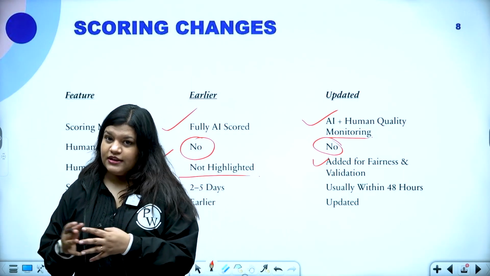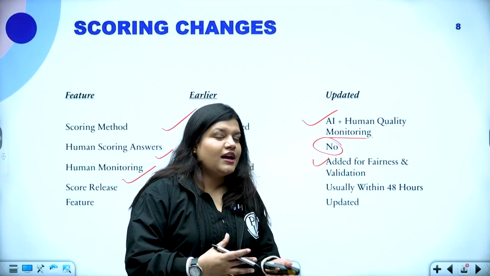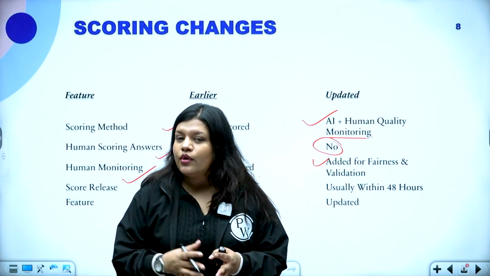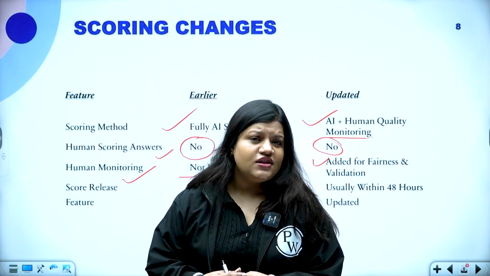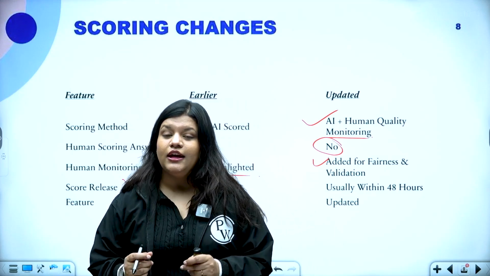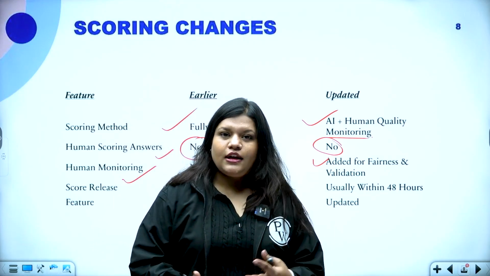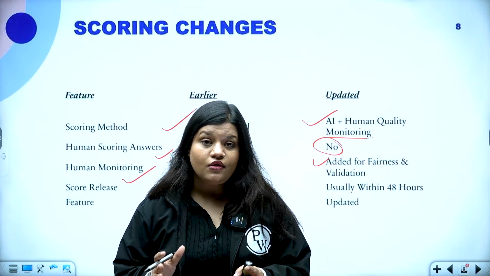AI and human quality monitoring, basically the intervention of humans in the scoring system of PTE, is just to maintain fairness, to check whether whatever the AI has scored is actually worth it. Do we need any kind of variation, or is there anything we can do for the fairness of the scores?